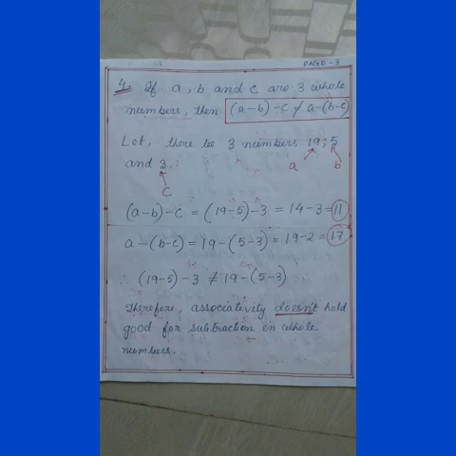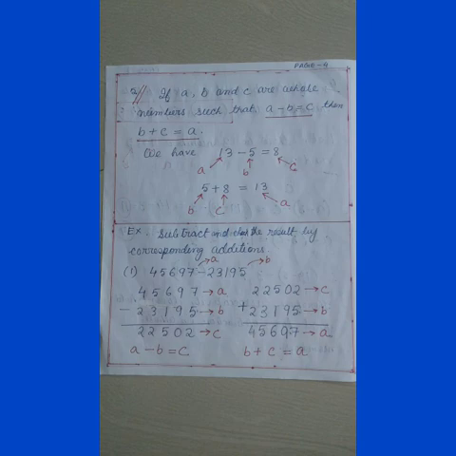Now the fifth property is, if A, B and C are whole numbers such that A minus B is equal to C, then B plus C is equal to A. Suppose I have A equal to 13, B equal to 5. 13 minus 5 will give 8, which I have written as C. Now B plus C, that means 5 plus 8, should be equal to A, that is 13.